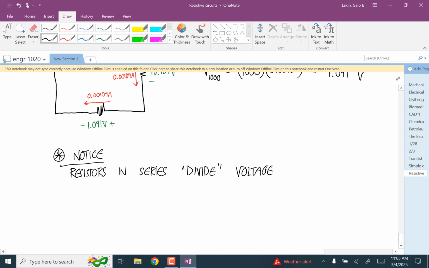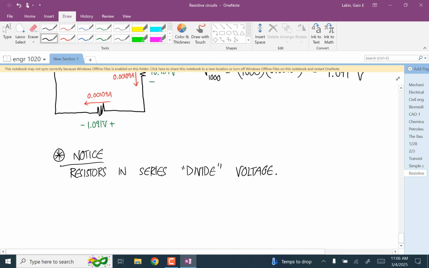And so that's something we can take advantage of. If we have a voltage source that's higher than the voltage we want to go to a particular device, then we can use series resistors to reduce the amount of voltage that's felt by a certain device if we're trying to power a motor or something like that. Okay?